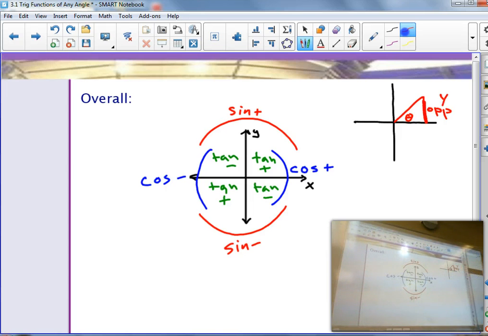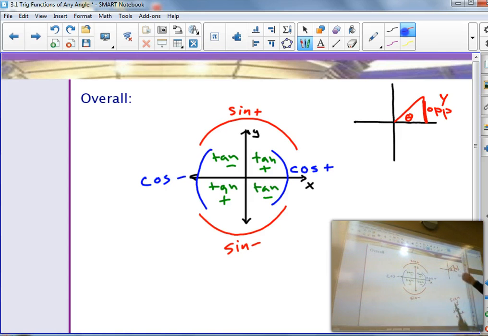That's represented by the y values, right? So the y values are always going to tell you the sign of the sine. I know, a little weird, but the y values are always going to tell you if the sine is positive, it's up, negative, if it's down.